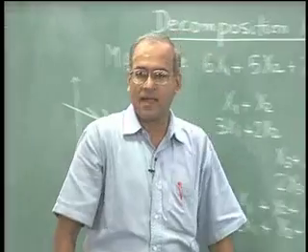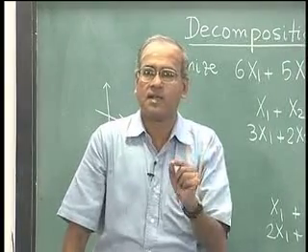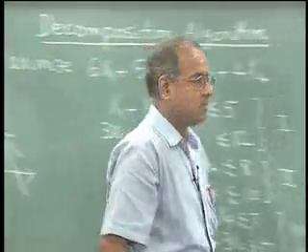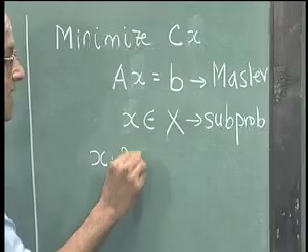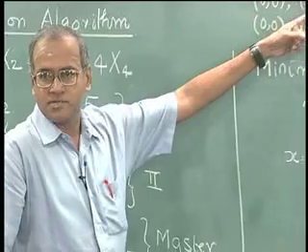Now, we have also said that every point is going to be represented as a convex combination of the corner points. So, what we are going to do is this x will be written as sigma lambda j x j, where x j are these corner points.